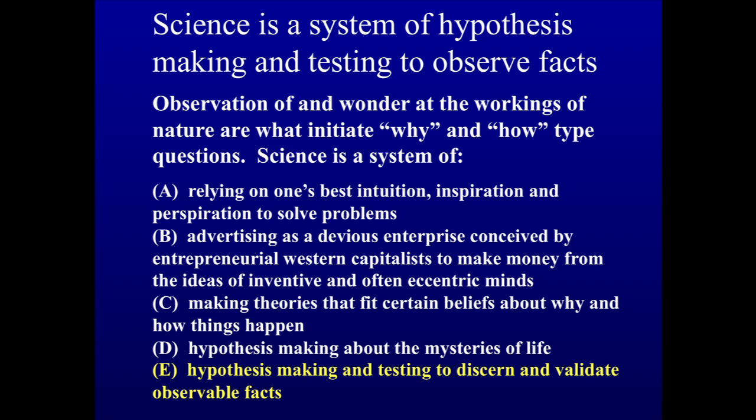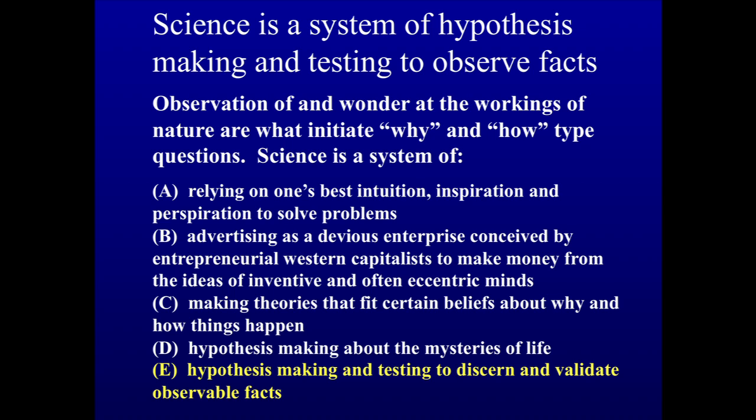So science then is a system of making hypotheses and developing experiments in order to test them. If not this, then this, and no other options. And by this, we can discern and validate observable facts over time.